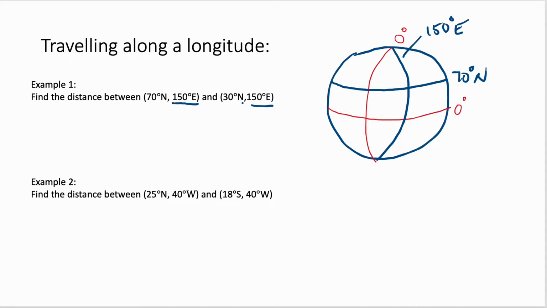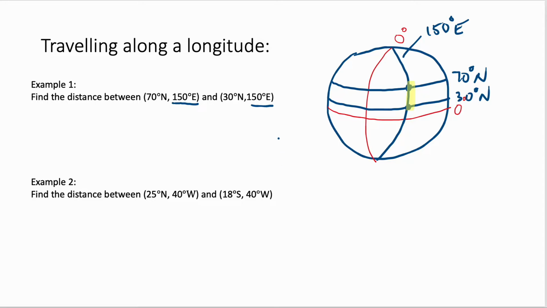So where they're intersecting, that's the location of this place here. The second location is 30 degrees north. So that's not quite as far north as 70 degrees, but it's still above the equator, so I'll just pop it down there, 30 degrees north.